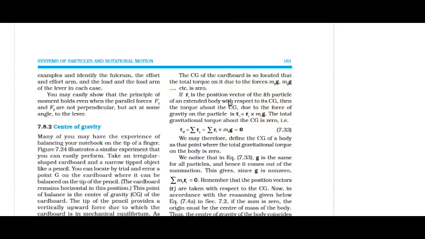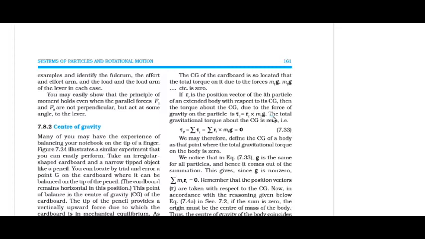If ri is the position vector of the ith particle of an extended body with respect to its CG, then the torque about the CG due to the force of gravity on the particle is τi = ri × mi g. The total gravitational torque about CG is 0.